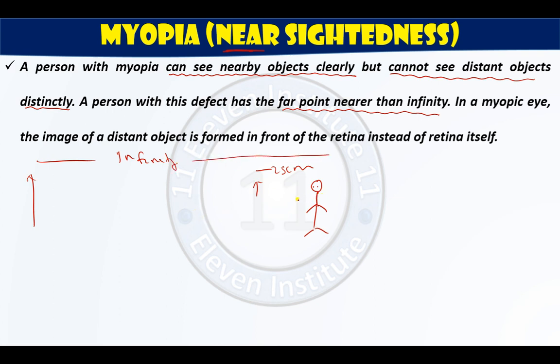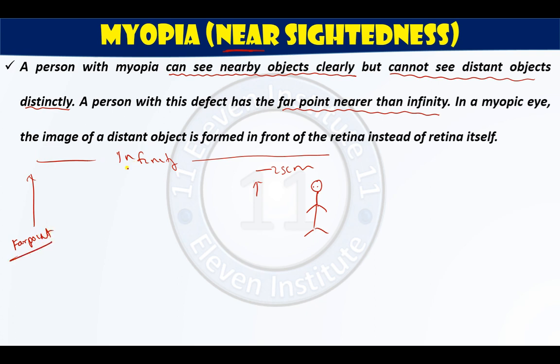But if this person has myopia, suffering from nearsightedness, he can see nearby objects clearly, no problem, but he cannot see objects situated far away clearly. What does it mean? That there is some problem with the far point.